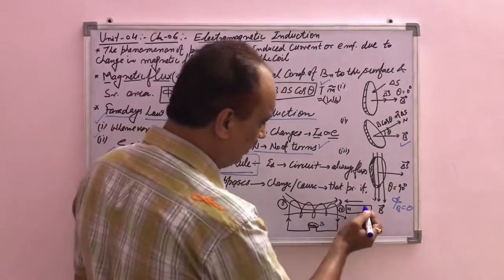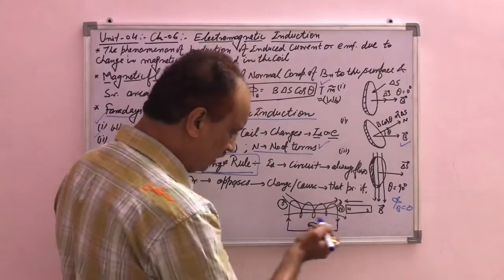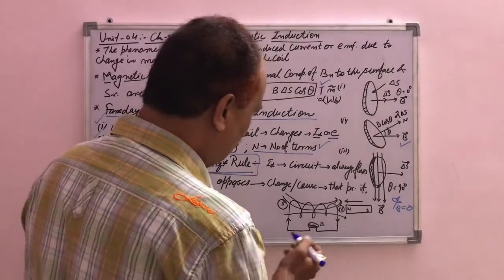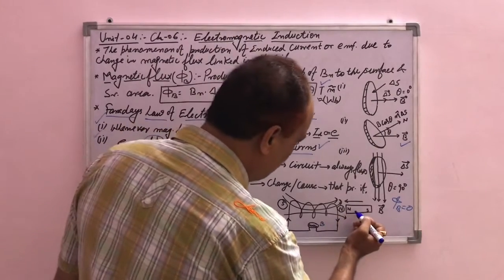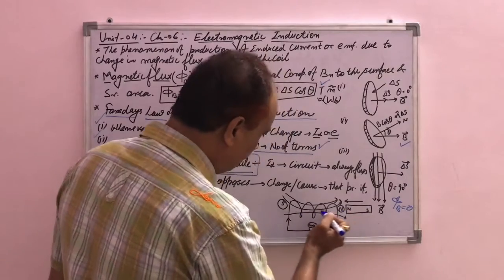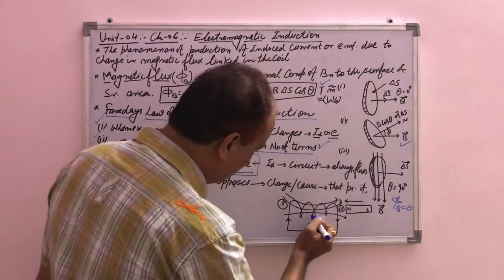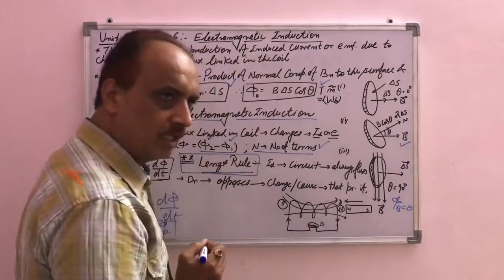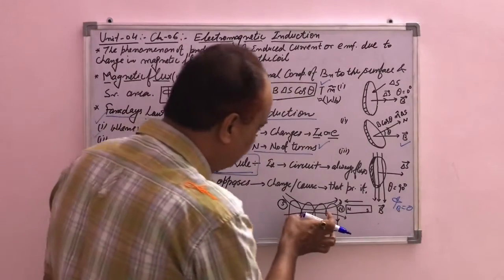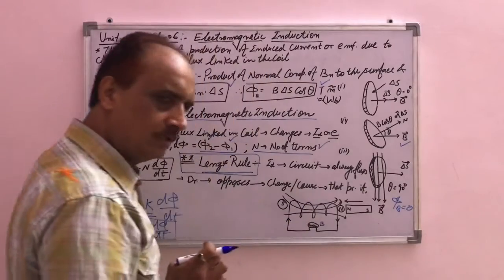When the magnet is moving towards the coil, due to the magnetic field produced by this magnet, magnetic flux is linked in the coil, and because the magnet is moving continuously, there is a change in the magnetic flux in the coil.